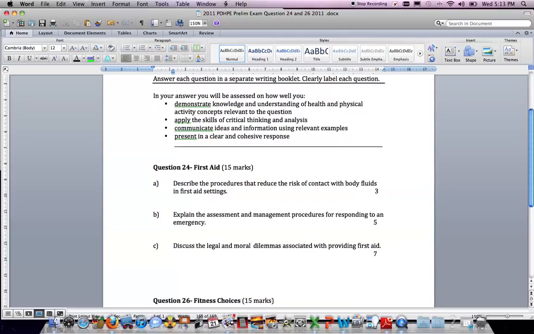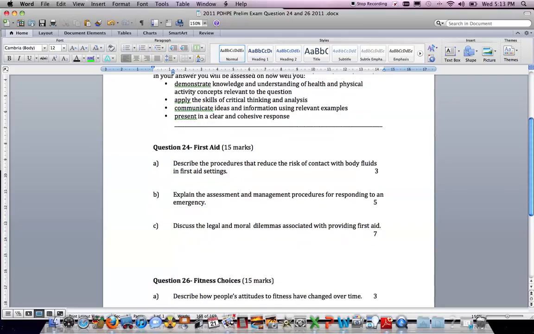If you look at question 24, it's 15 marks, and Part A was to describe the procedures that reduce the risk of contact with body fluids in first aid settings. It was a 3-mark question.